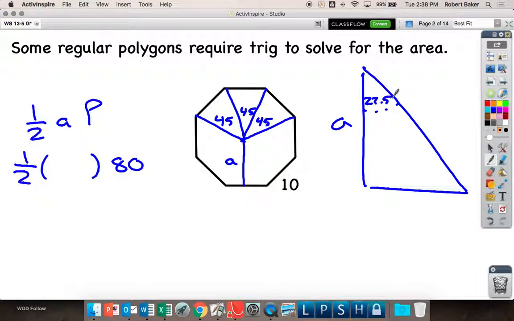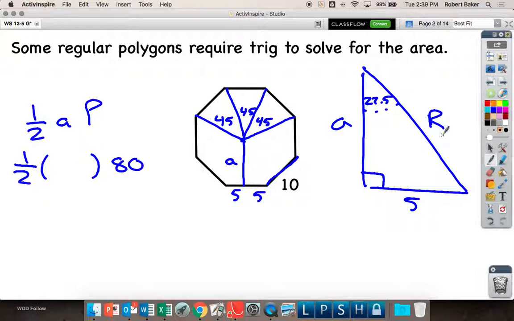Now, an apothem cuts a central angle in half. An apothem also cuts a side length in half. So if this entire side length is 10, then it creates 2 5-unit long pieces, which is the bottom of this large triangle I've drawn over here. All right? So I have a right triangle created by an apothem, a radius, and a side length.